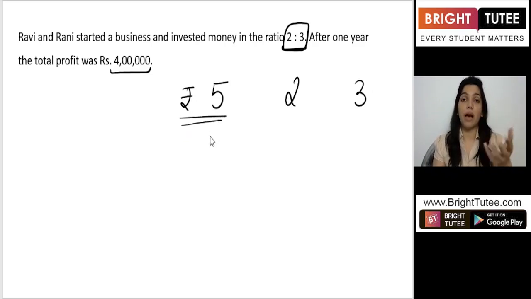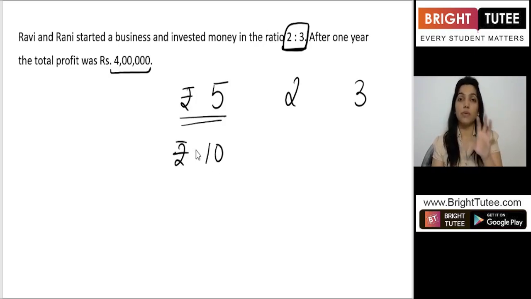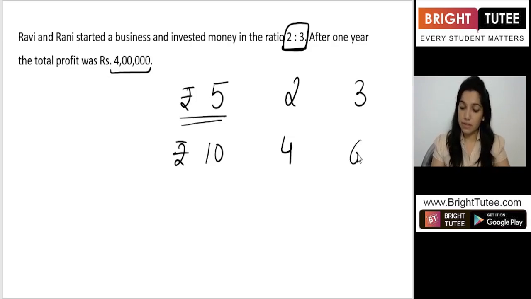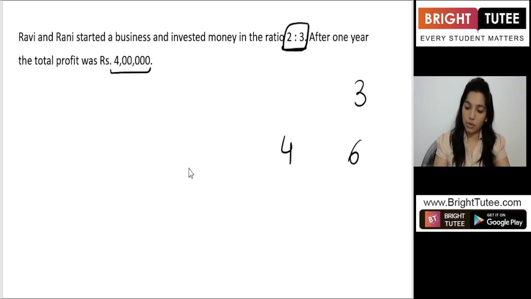If 10 rupees is invested, the person who invested 2 parts has invested 4 rupees, and the person who invested 3 parts has invested 6 rupees. I hope this is clear, how we understand this concept of investment in terms of ratio.